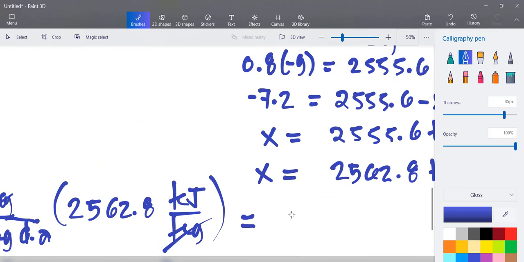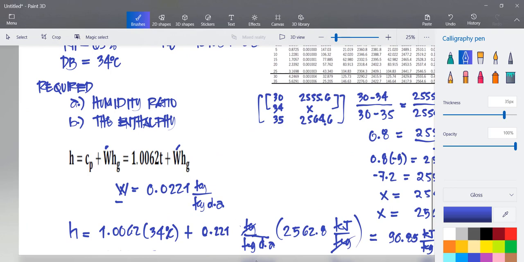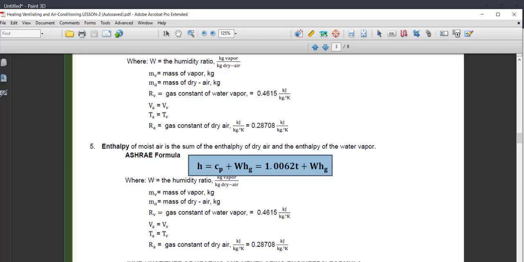So we have the answer of 90.84. We can round this one to 85. That will be kilojoule per kilogram. So that is by using the equation from the ASHRAE formula.